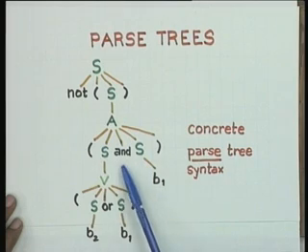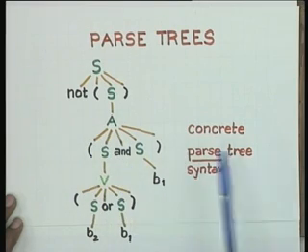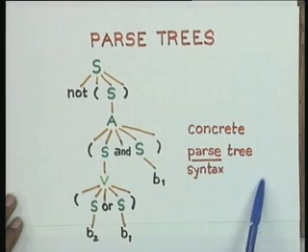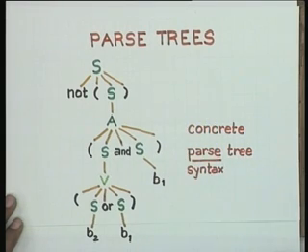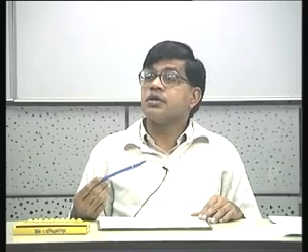Yeah. So this we might call a concrete parse tree, where we make no distinctions at all between identifiers and operators. If they are terminal symbols, they are leaves of the parse tree. That is it.